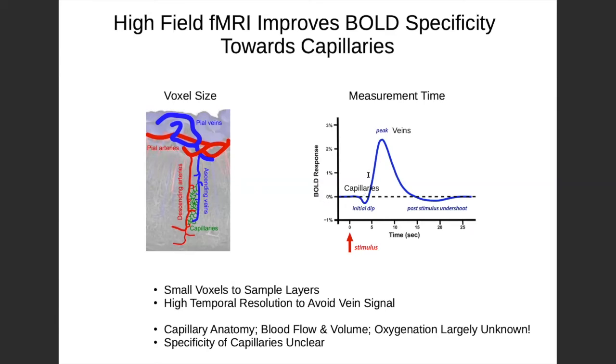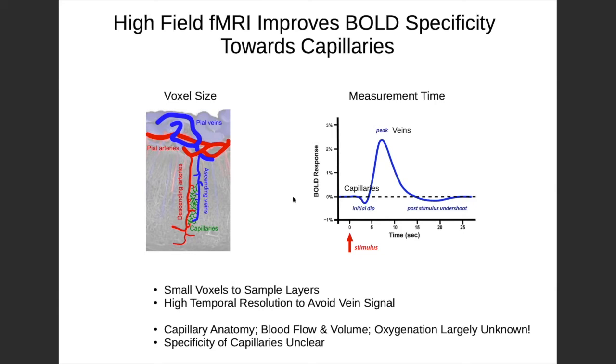But there's a trick, and you can get rid of that vein signal if you just measure at a very early time point. In this BOLD curve, this large peak here is the vein signal, but if you measure here, you get the capillary signal. And this is currently the experimental setup to get closer to the signal of the capillaries. And that's very nice. That already made it possible to measure columns.